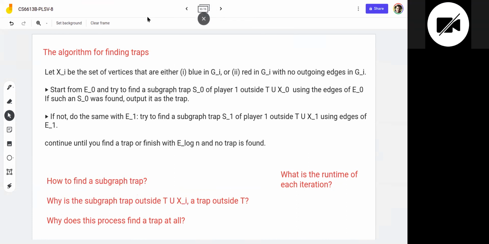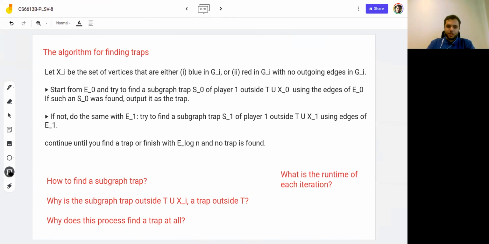let's go back to how much time we spent for reachability. In a graph with n vertices and m edges, the time we spent for reachability and for basically computing attractors and traps was order n plus m. But back in the previous slide, we said that our graph GI has n times 2 to the power of I edges at most.